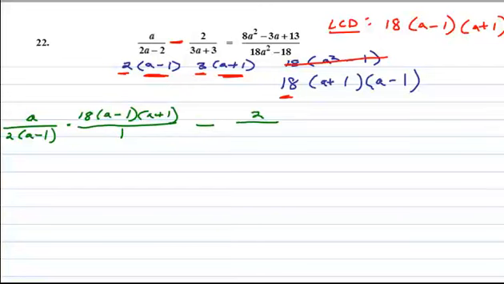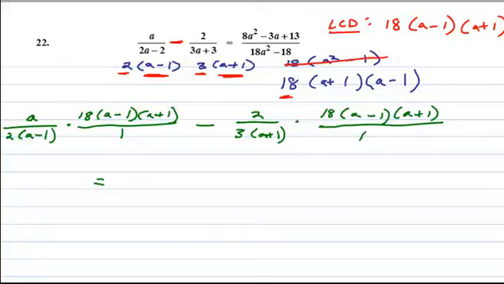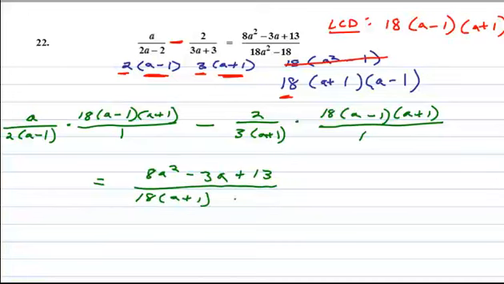Minus 2 over 3 times a plus 1 times the LCD. And again, I'm going to put it over 1. Equals, and on the other side we have 8a squared minus 3a plus 13 over, and the factored form of that denominator is 18 times a plus 1 times a minus 1. Of course, we're multiplying by the LCD.